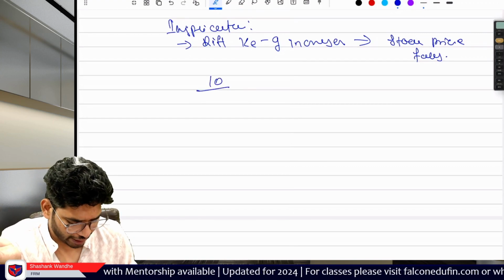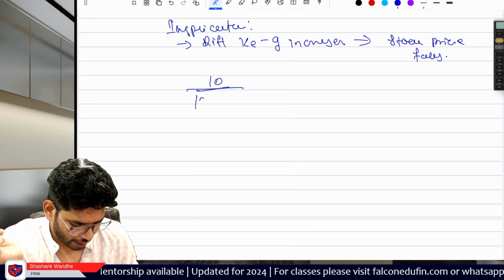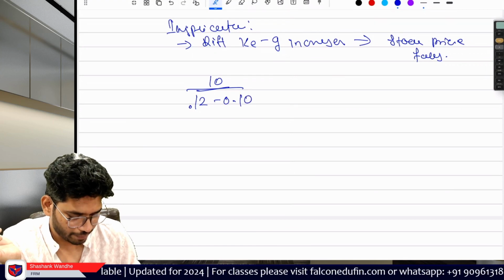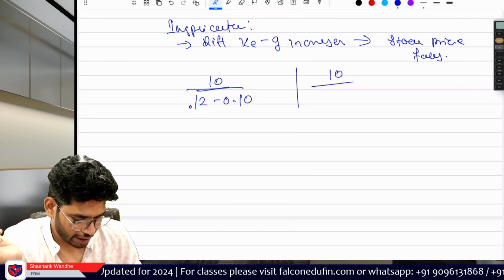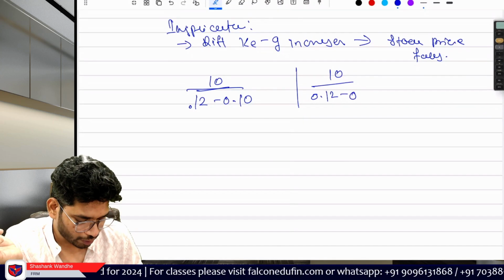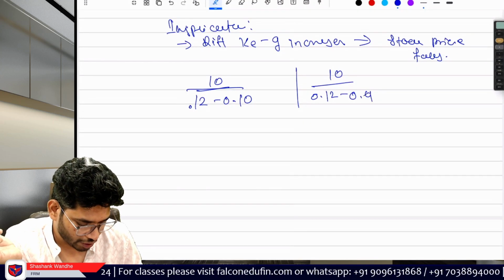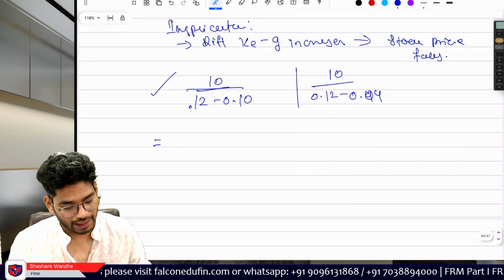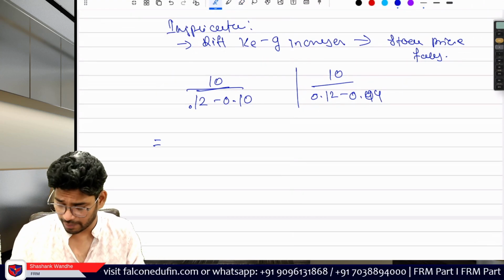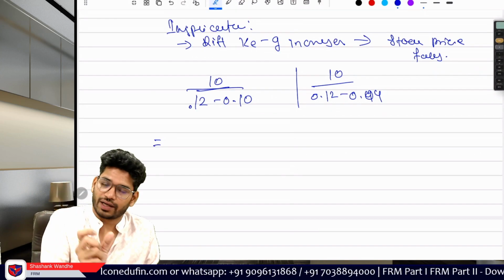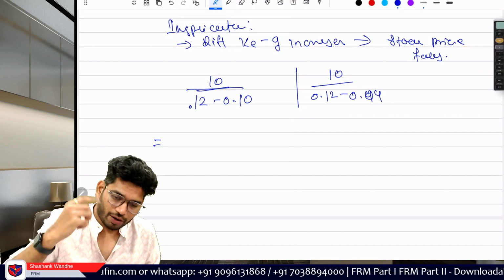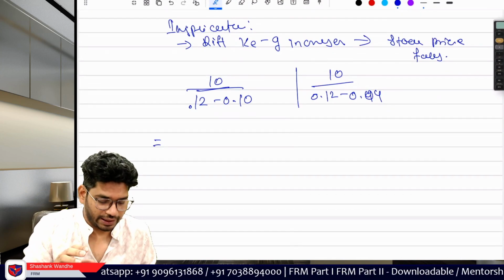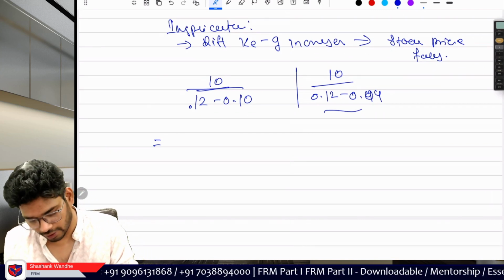Let's assume the dividend of 10 and let's say Ke is 0.12 and growth is 0.10, versus 10 divided by 0.12 as Ke and growth is say 0.04. In this case you will see the price will be higher here, and lower here. Those who are good with mathematics will understand, because here in the decimal form we have a small value, automatically it will increase the final output, and here in the decimal form we have a bigger value, so it will decrease the output.